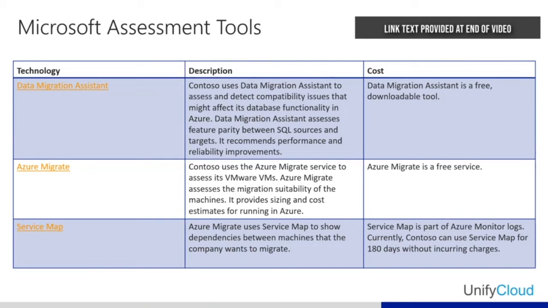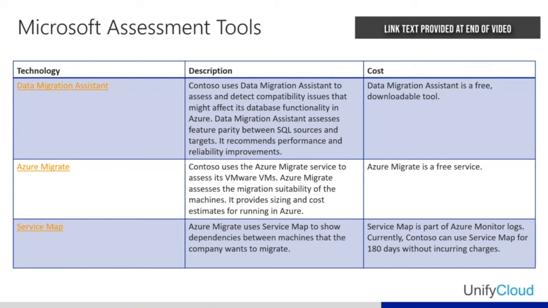Data Migration Assistant is a tool for collecting data about the data state. It's a free tool from Microsoft in case you are migrating a SQL database to any of the PaaS offerings, such as SQL Azure or SQL MI. It's a very good assessment tool, and it will also help you in migrating schema and data. So it's a very useful tool.